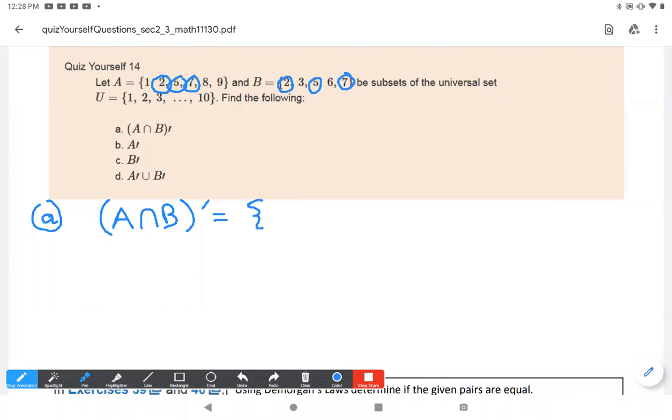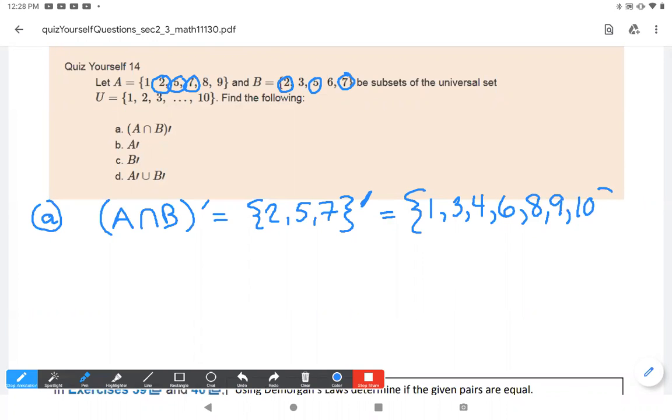So first we have the intersection, 2, 5, 7, and then we can take the complement, right? The complement represents everything in U that's not in this intersection of A and B. So everything in U would be 1, not the 2, 3, 4, not the 5, 6, not the 7, 8, 9, and 10.